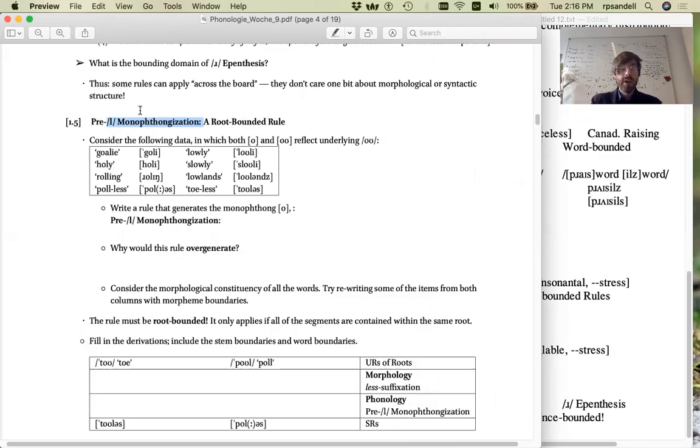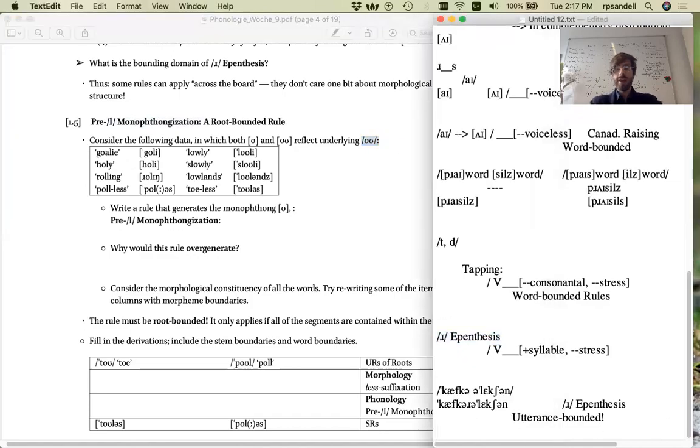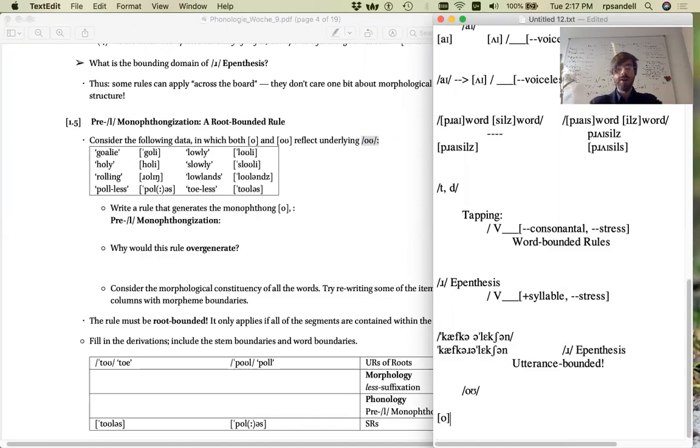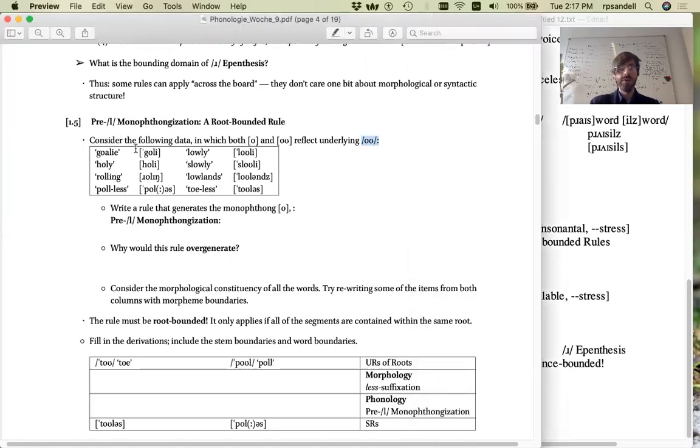So here again, we have forms from a North American variety of English. This variety of English has, as a phoneme, the long O phoneme, which is underlyingly a diphthong, and this phoneme O has two allophones, a monophthong O and the diphthong. And the monophthong O basically arises when an L follows, when a lateral approximant follows.